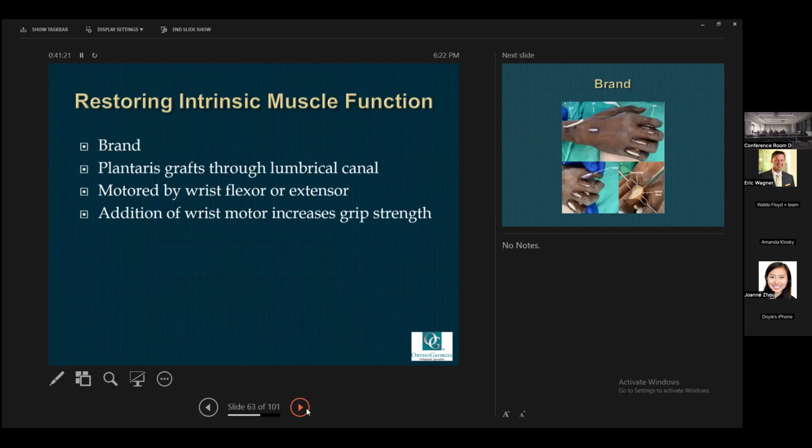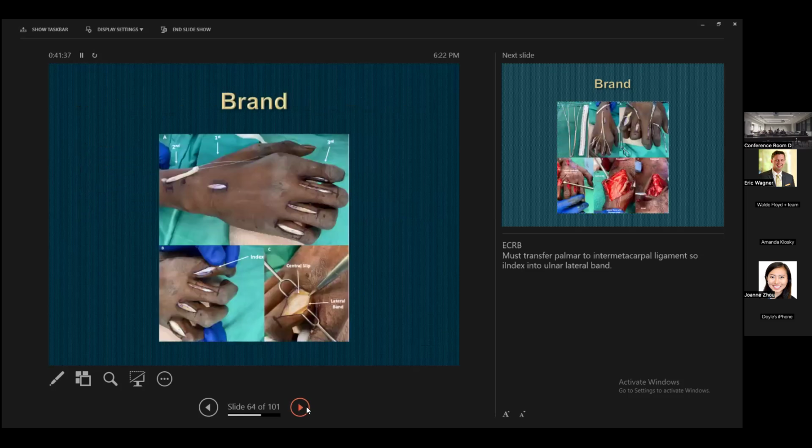He classically used plantaris grafts through the lumbrical canal, motored by a wrist flexor or extensor. And as we said, adding the wrist motor actually increases strength. So here's ECRB, and then you can aid with a volar incision.